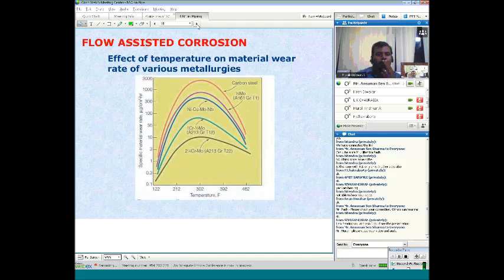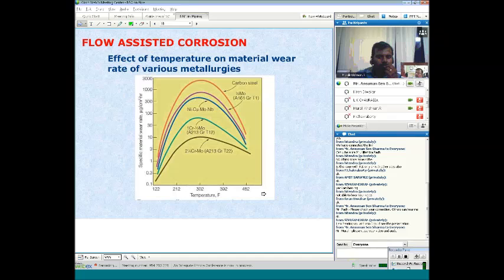For example, the effect of temperature. The effect of temperature on the material wear rate is given in this particular graph. As you can see, the y-axis is the specific metal wear rate in terms of microgram per centimeter square per hour.